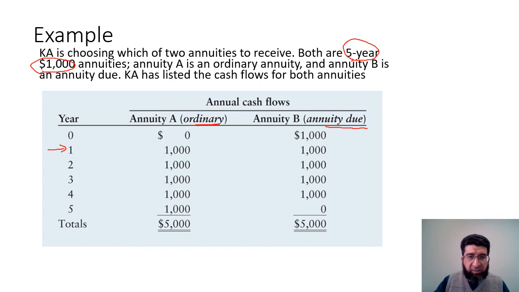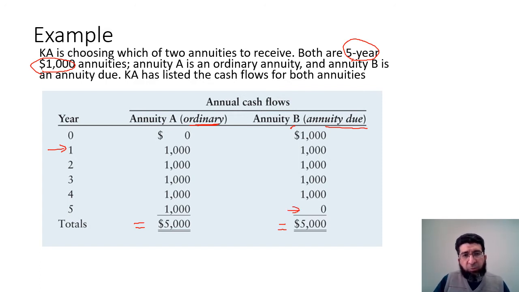For annuity A, it's the end of the year, and for annuity B, it's the beginning of the year. So A starts at the end of year 1 with 1000, 1000, 1000, and so on, with a total of 5000. The other annuity also has 5000, but it starts at the beginning of the year. So it starts at 0, then year 1, year 2, year 3, year 4, and in year 5 there is no investment.